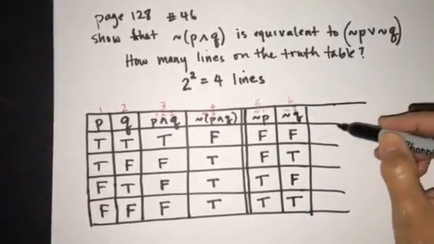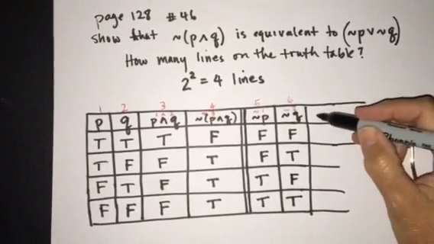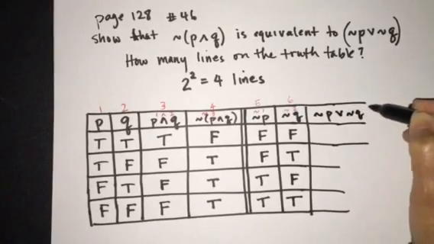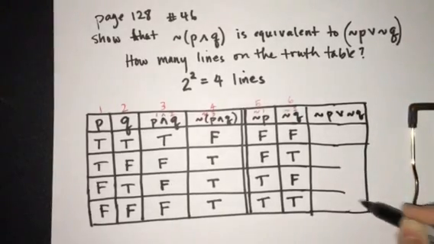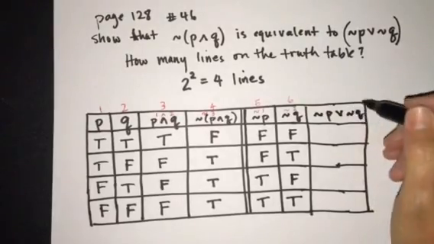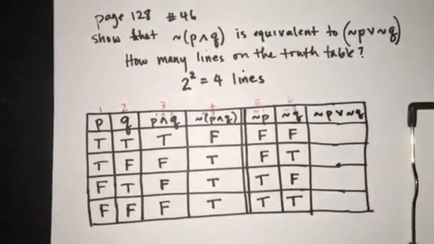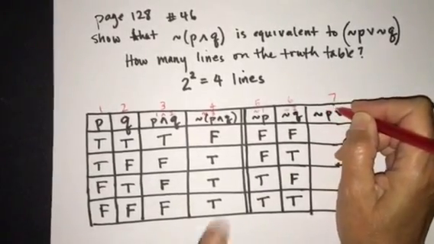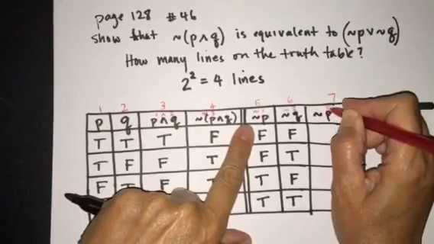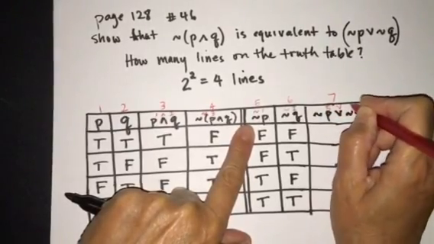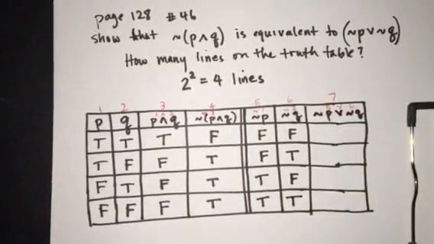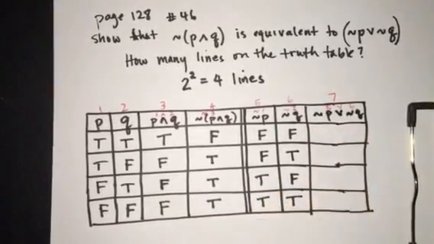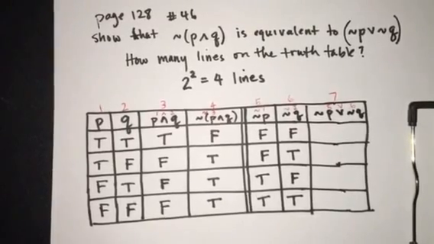Finally, we're ready to build that last part of the question, not P or not Q. In column numbers, this will be column number 7, and that's going to be column 5 connected by OR to column 6. So remember, for the OR statement, one of them has to be true for me to write true, or both of them could be true.